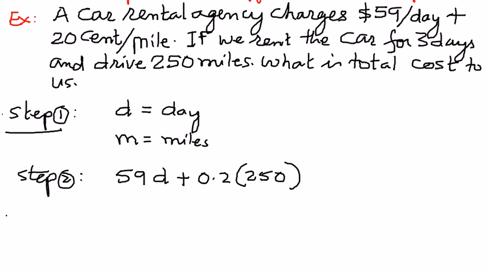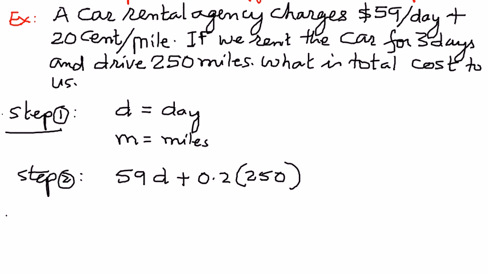So $59 a day plus 20 cents per mile is going to give us the dollar amount of how much the car is going to cost us to rent for those number of days.